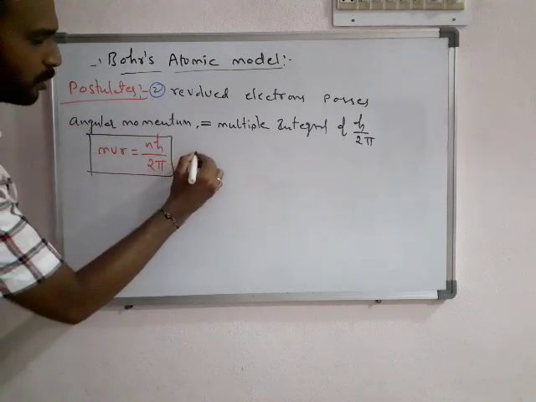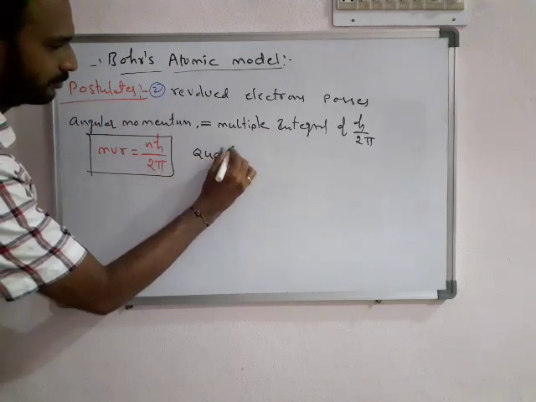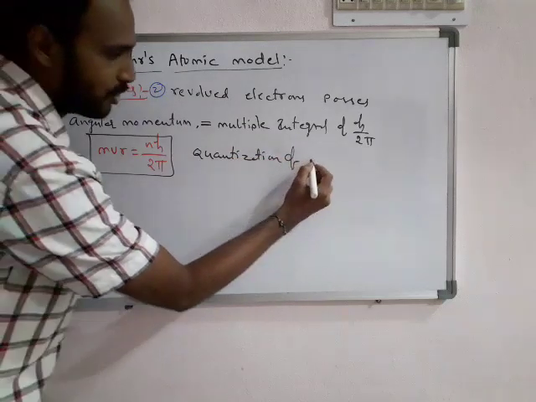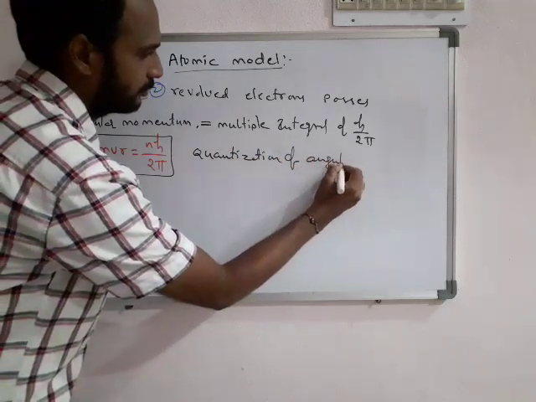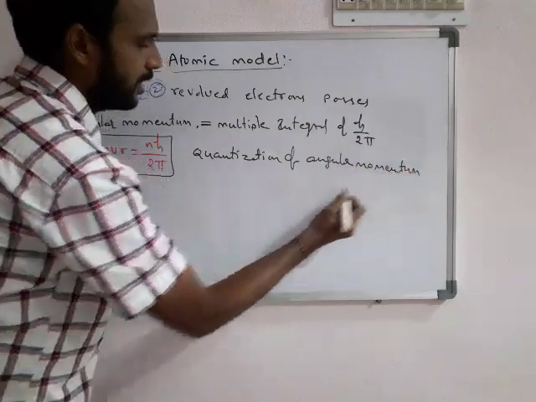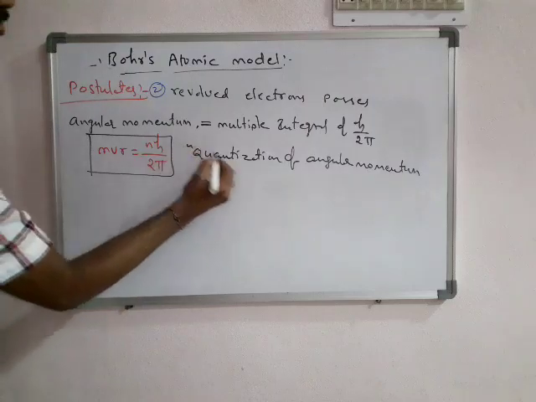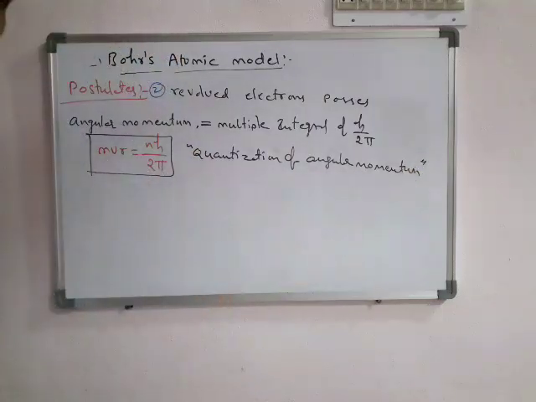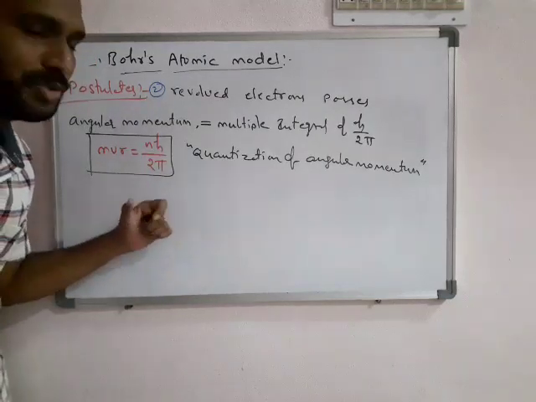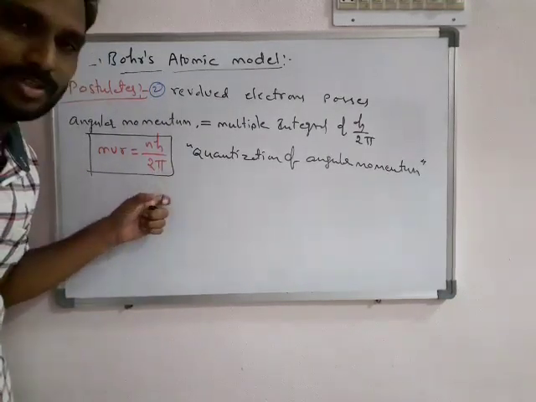This is also known as quantization of angular momentum. The angular momentum value has a specific equation, so we are able to calculate it with the help of this equation.